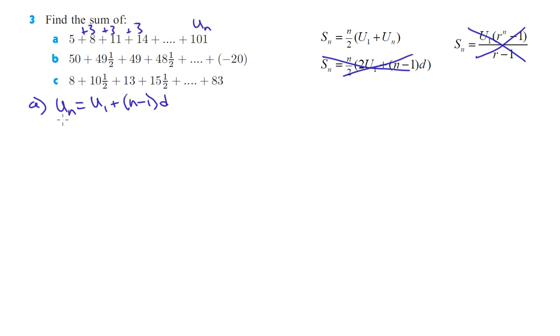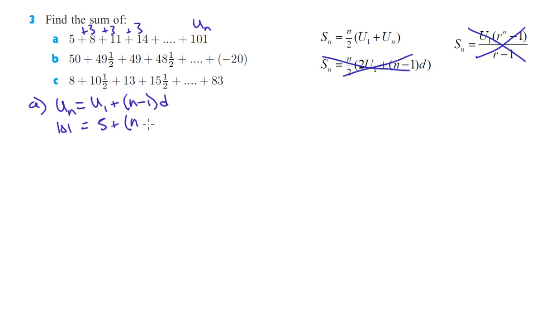Okay, so we've got u sub n, and we want to know when this is going to be 101. We know the first term is 5.